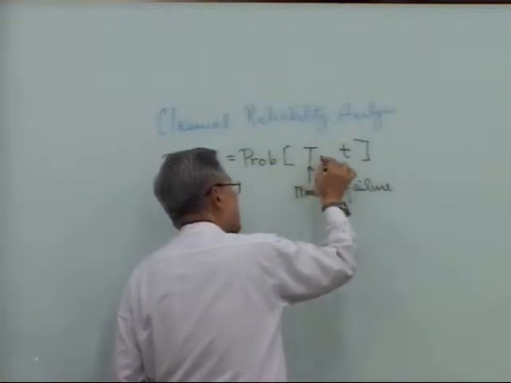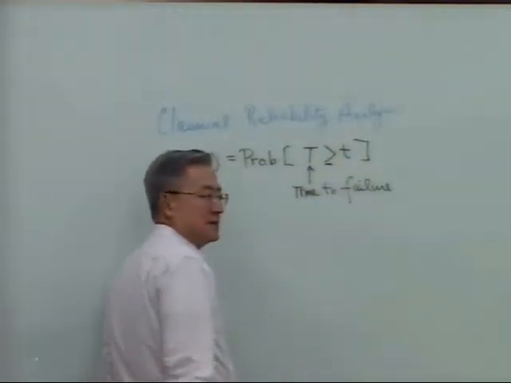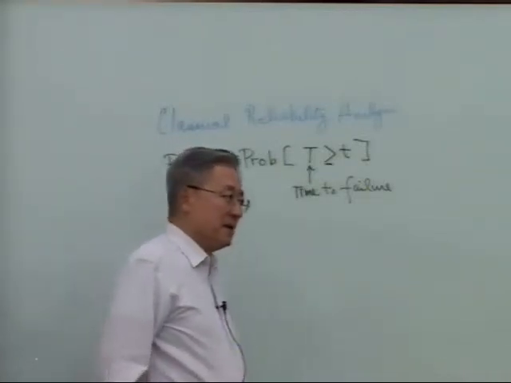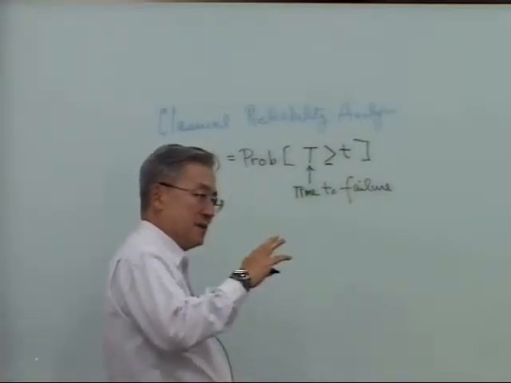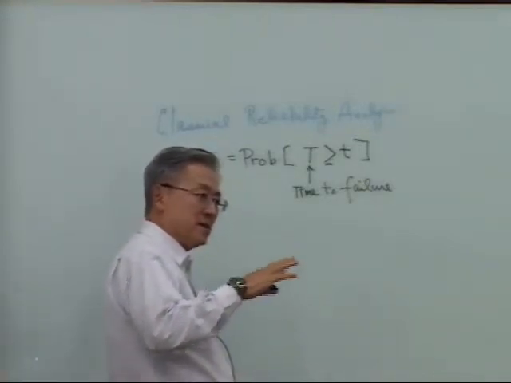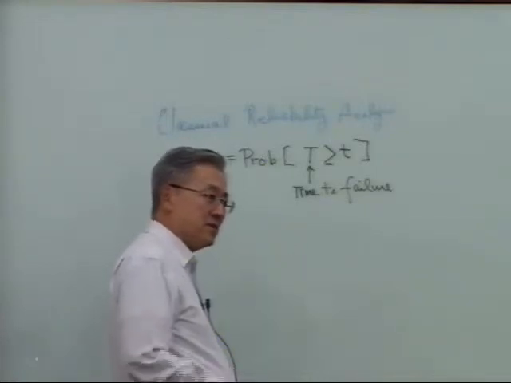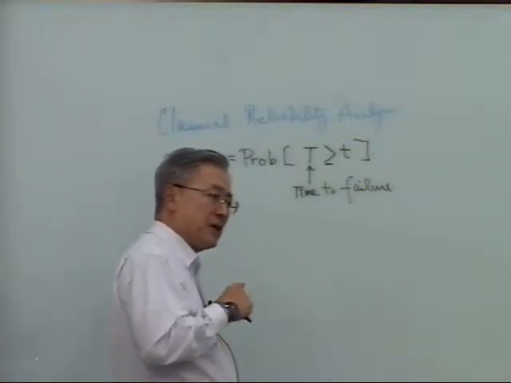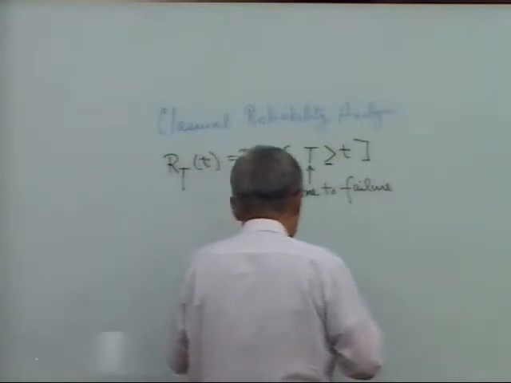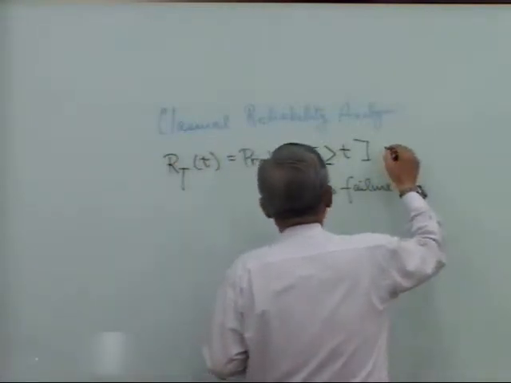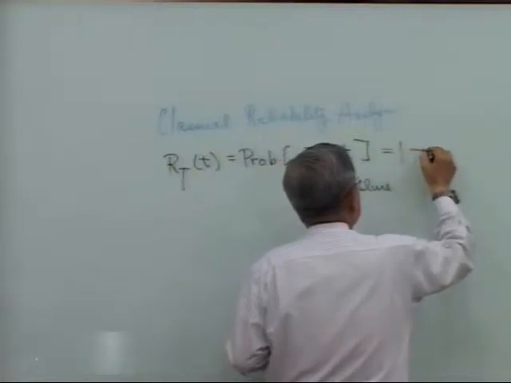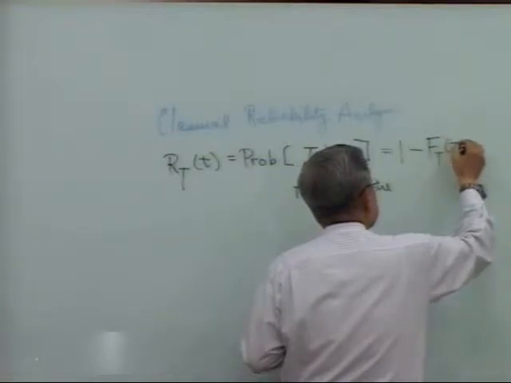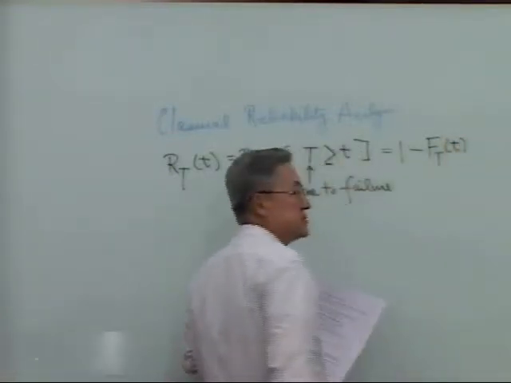The reliability is higher than the specific time t, and if it's lower, less than the specific time t, then that's really the probability of failure, measured as the time to failure, which is equal to 1 minus F(t). We have done this Wednesday.